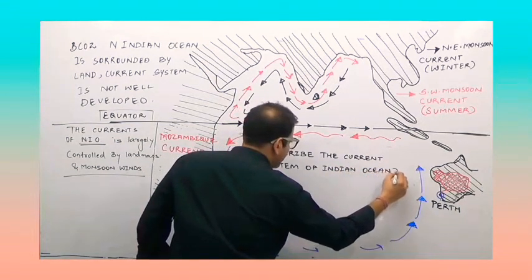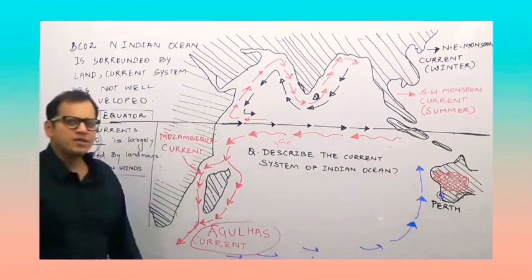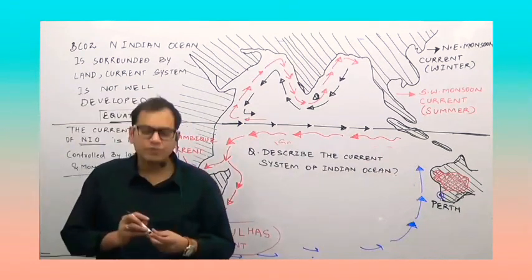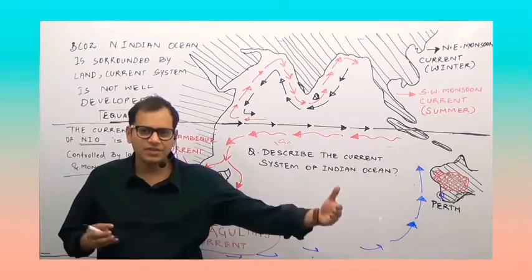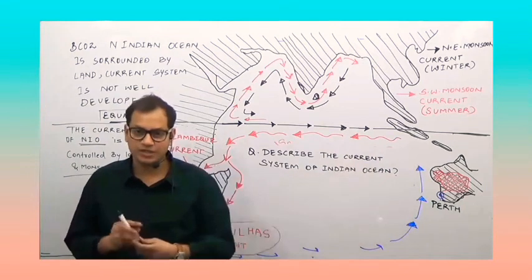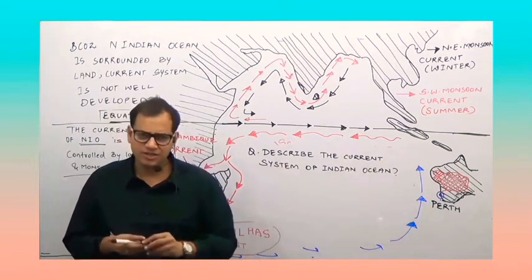In any such question, first write what an ocean current is. A definite direction of movement of ocean water is an ocean current. Then change your line, next point.